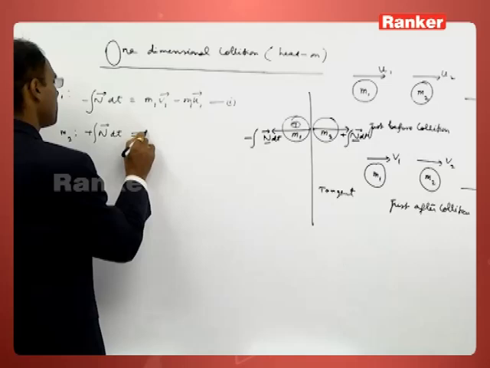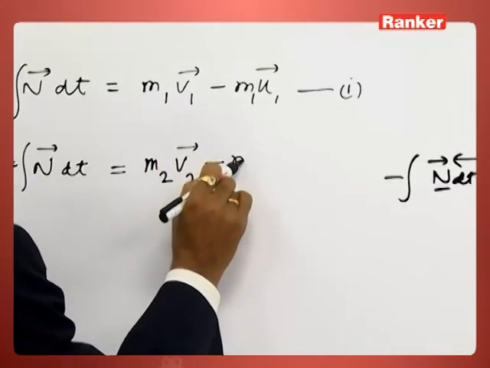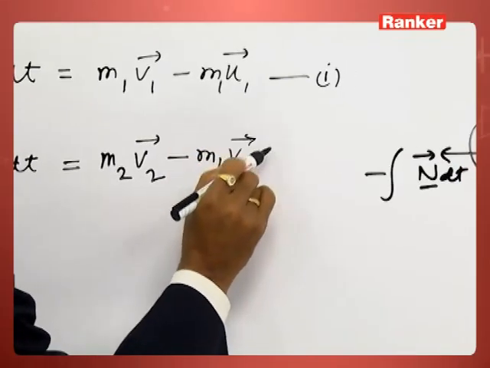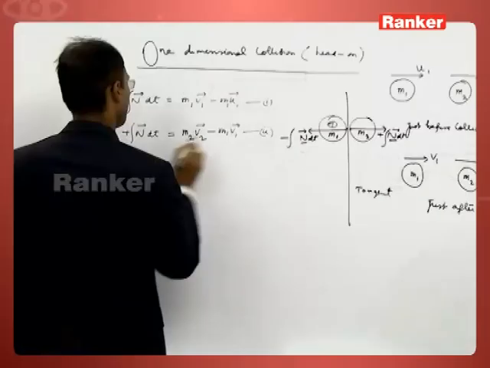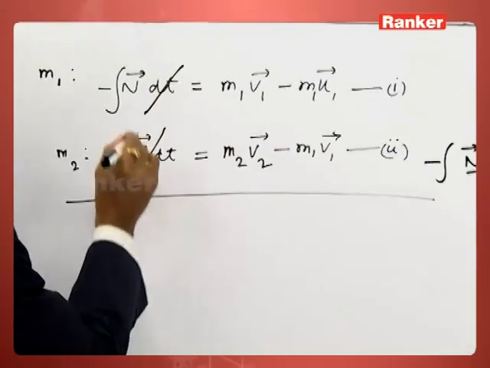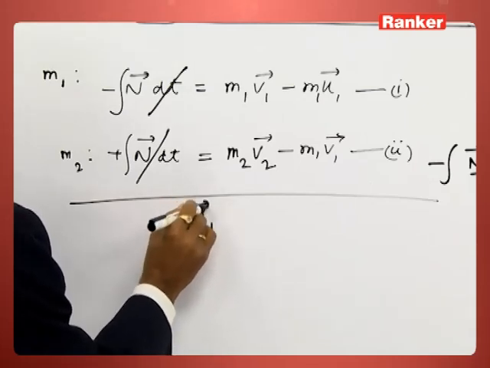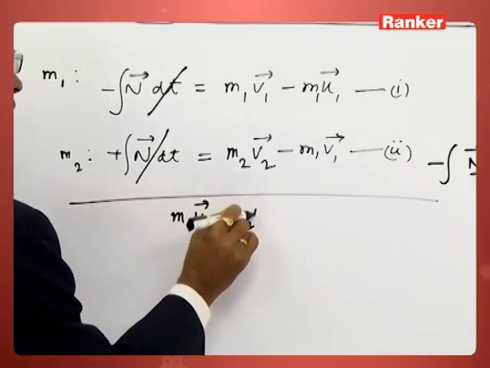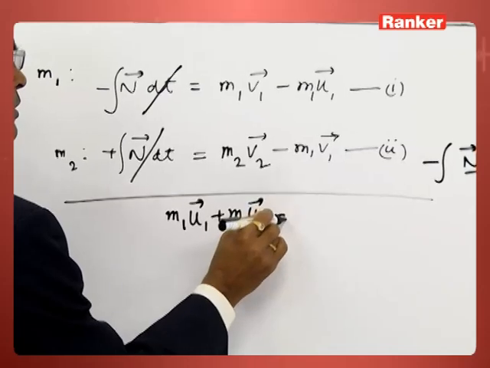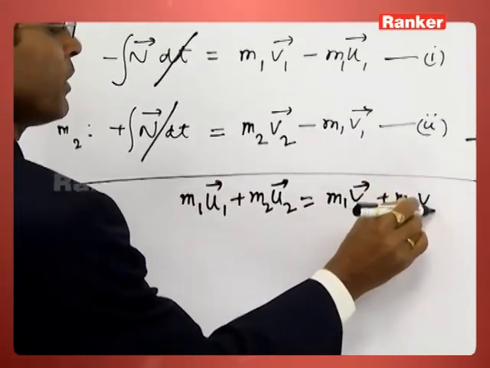So the change in momentum of the second body is m2 v2 minus m2 u2. If you sum them up, the impulses will get cancelled. You get m1 u1 plus m2 u2 is equal to m1 v1 plus m2 v2.